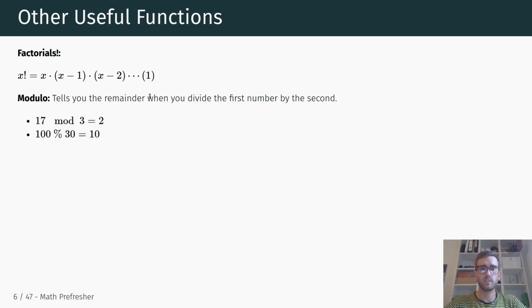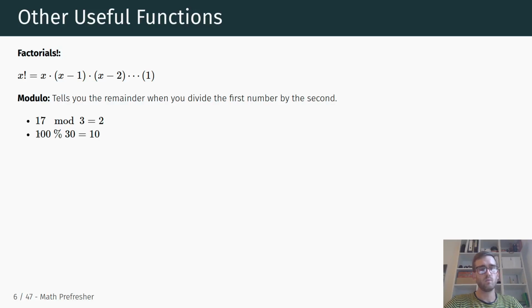Another one that we see sometimes in programming is the modulo, which tells you the remainder when you divide the first number by the second. So for example, 17 modulo 3 is 2, right? An alternative notation is this percent. 100 modulo 30 is 10, right?